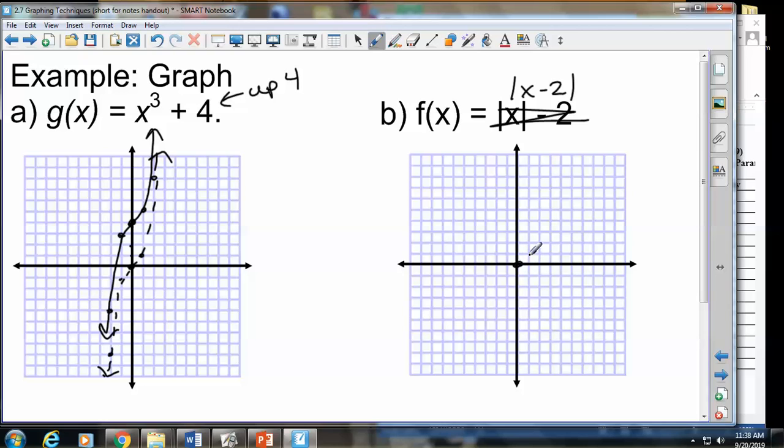The absolute value is 0, 0, 1, 1, 2, 2, -1, 1, -2, 2. So my modified problem, what's this going to do to the graph? So inside does the opposite, so we're actually moving it in the positive direction. So each of those points gets moved right.